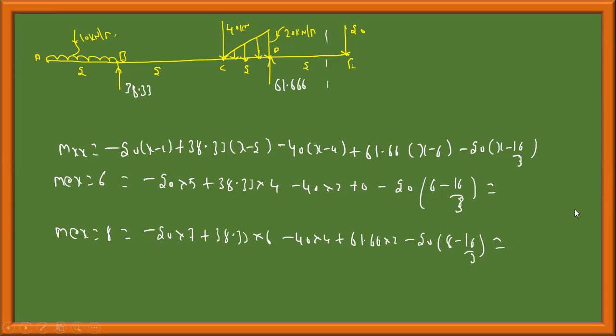Tell me the values. At x equal to 6, you should get the same value, 40 kilonewton meter, because there is no moment. Tell me what you are getting.